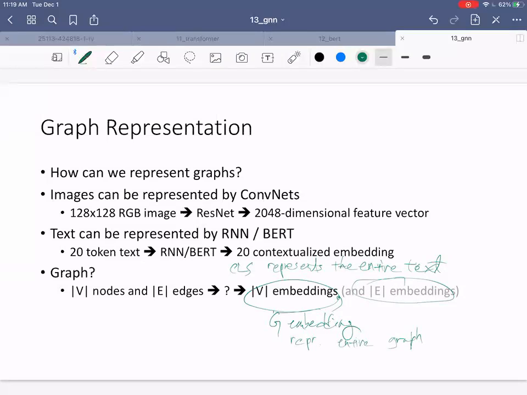But if you want to do link prediction, like given two random nodes, whether the two nodes should be connected or not, then it requires node embeddings. So there are two levels of embeddings: individual node embeddings and the entire graph embedding, based on what kind of task you're facing.